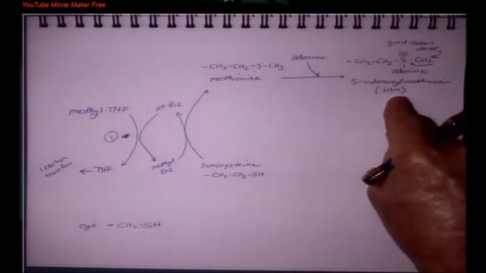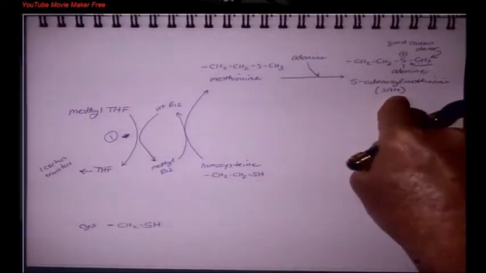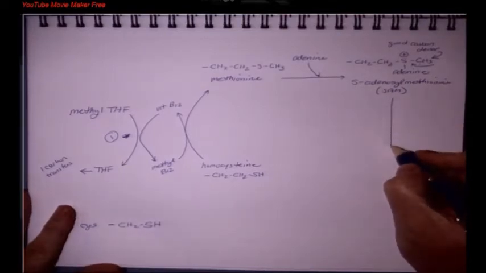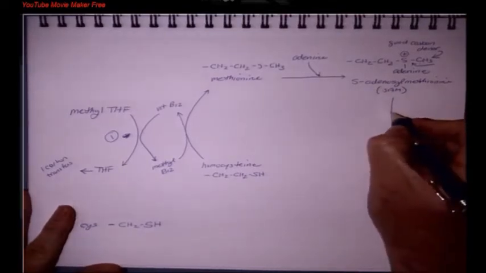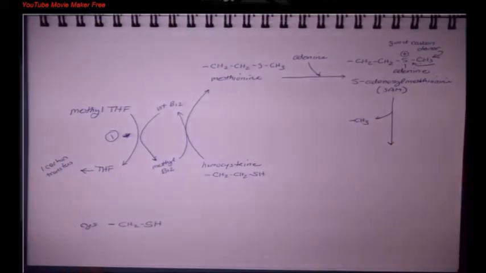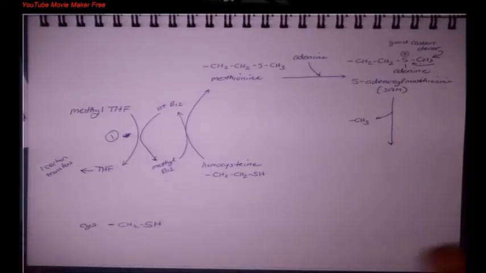Now, this is a huge 1-carbon donor, okay? So this is going to perform all kinds of wonderful reactions by donating that methyl group. And I listed a few of the reactions here. There's a 1-carbon transfer that converts norepinephrine into epinephrine.